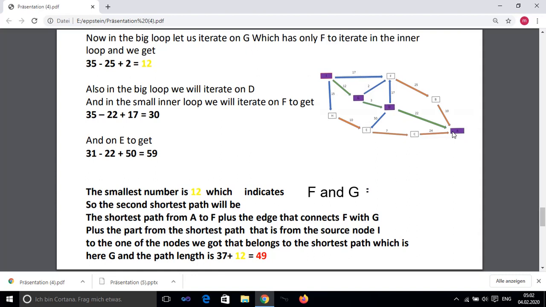Now all we got is this set of numbers: 15, 19, 30, 12, 59.